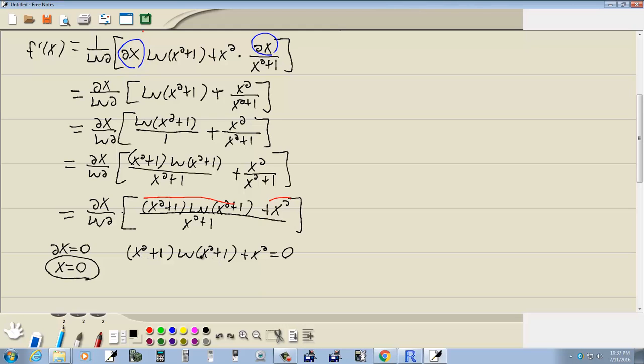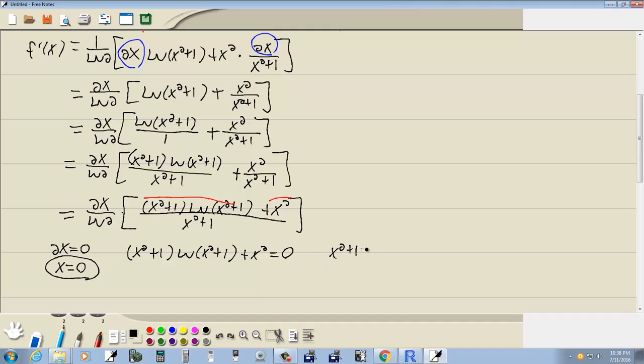But no matter what, if I plug 0 here, I get natural log of 1. And I plug 0 here, I would get 0 squared. So it looks like 0 would be an option. Any other number, if I put it in here, will never give you 0. And I could confirm that by plugging in the calculator. I'm just double checking. But x equals 0 would be the only thing.